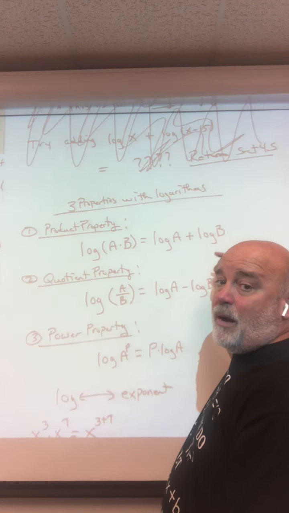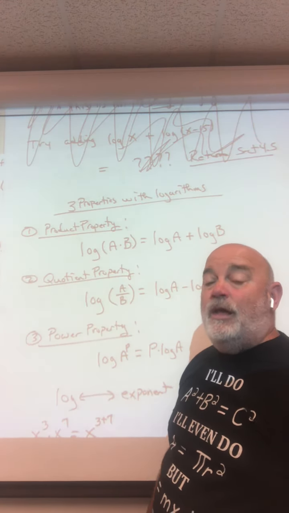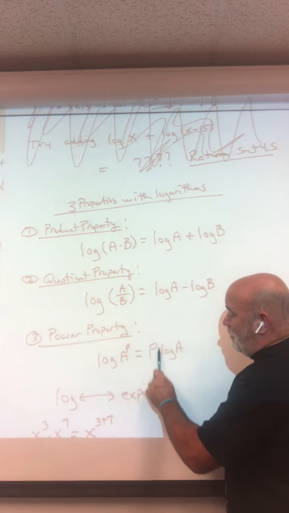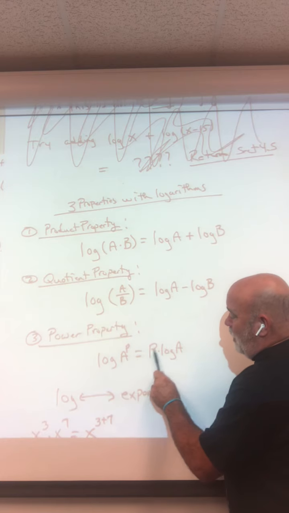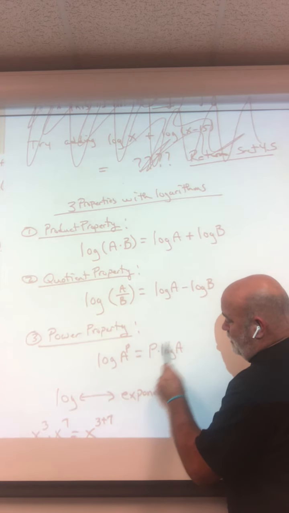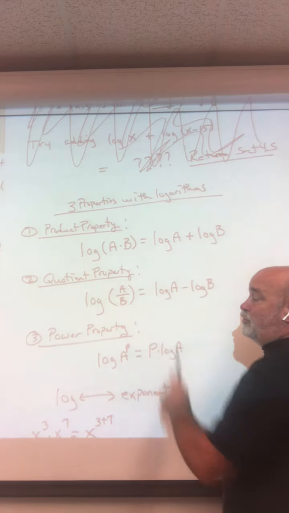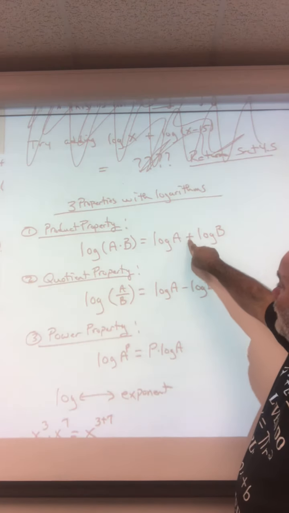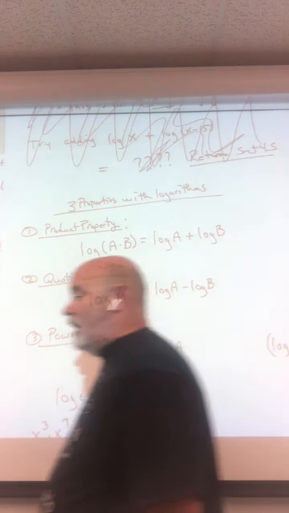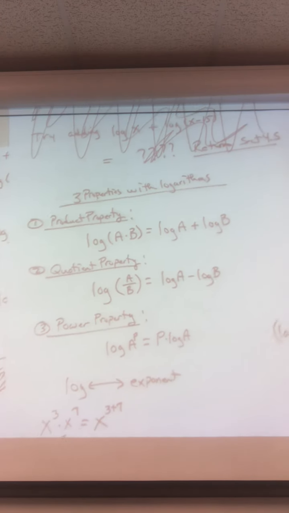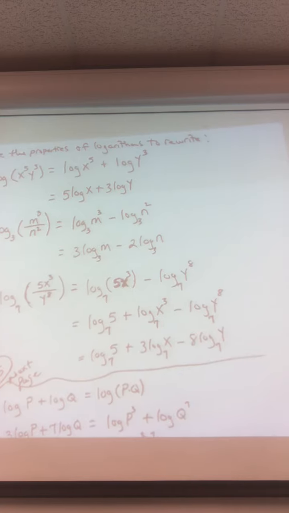So we're using these properties going from right to left. Now once again, what we're going to do first is if there's any number in front of a logarithm, we're going to put it back up. So we're going to use this property first. Then we'll use one of these two, depending on if you're adding or subtracting. All right, so let's do this. All right, so we'll start out real simple here.